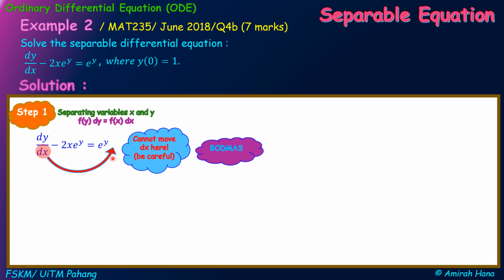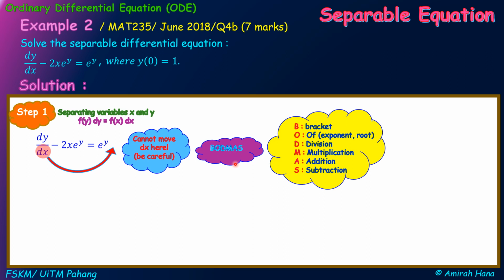Why? Because we must follow BODMAS. What is BODMAS? BODMAS is an acronym. B means bracket, O means of, meaning exponent and roots, D means division, M means multiplication, A means addition, and S means subtraction.